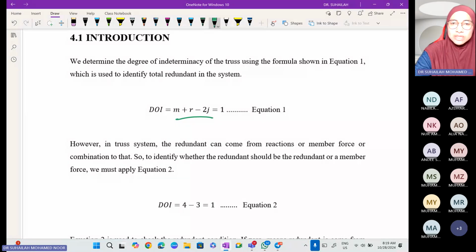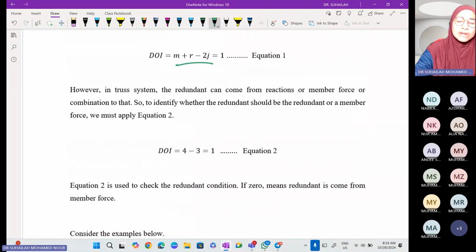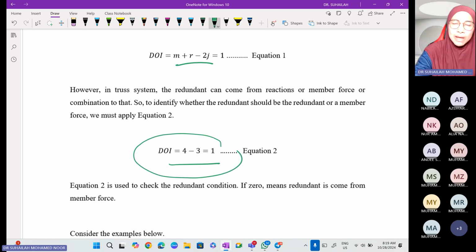After that, we have to check whether the system is externally or internally indeterminate by finding the difference from the unknown reactions. We use this simple formula: we minus by 3, because we want to identify whether the truss is externally or internally indeterminate. If, for example, there are 4 unknown reactions, we minus by 3, it is equivalent to 1, meaning that the redundant comes from the reactions.